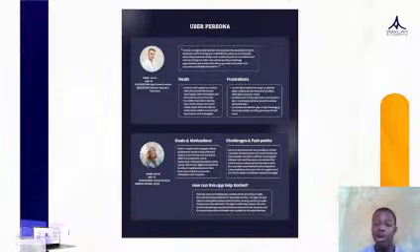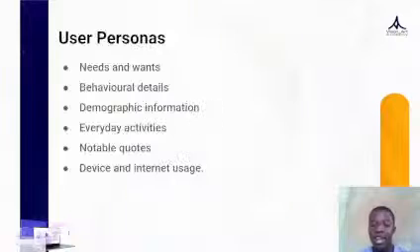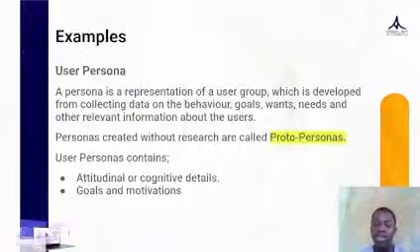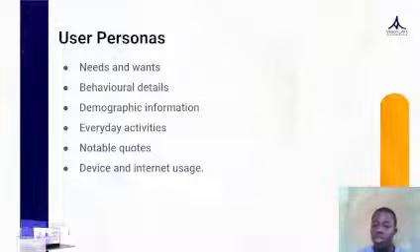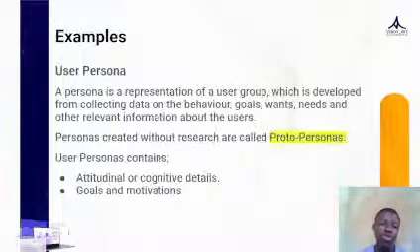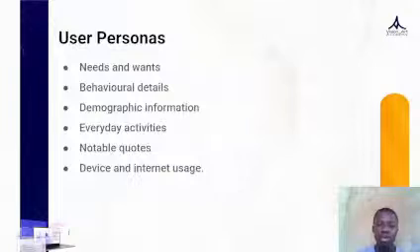Sometimes you might have some information, but the information that is very relevant and very important on this user persona is the goals and motivations, the frustrations of these users while using the product, and demographic information.